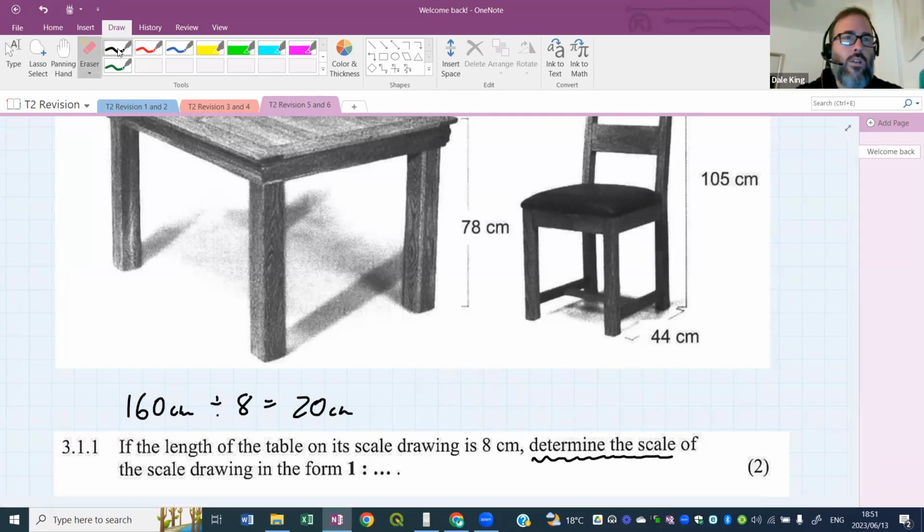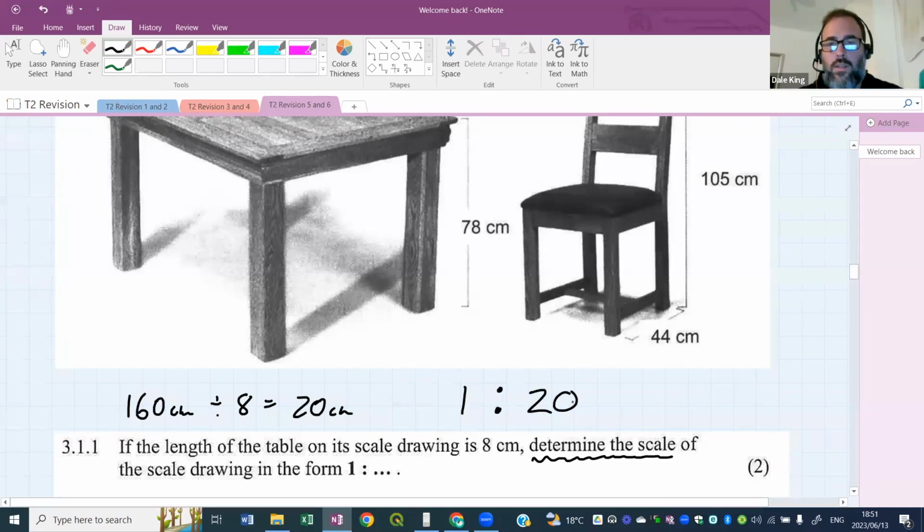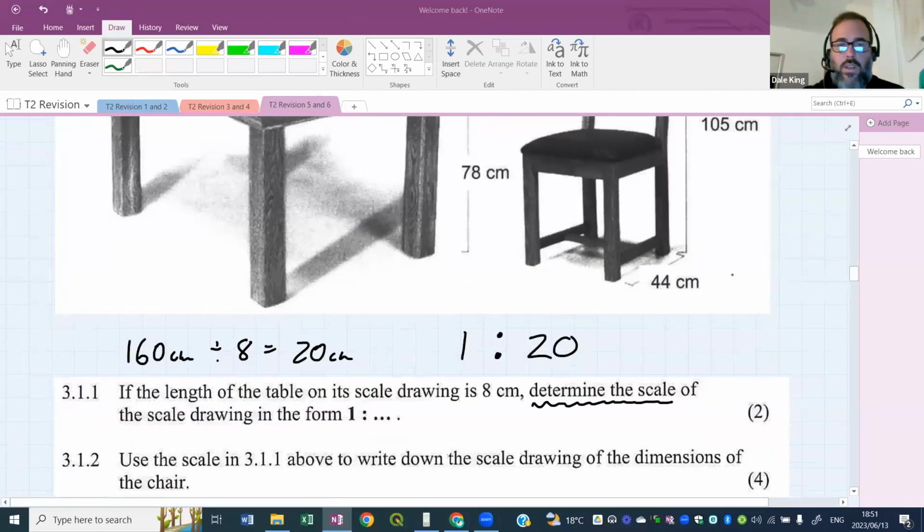So once you've done that calculation, you've got to write it out in the form of 1 is to 20. Okay. Very good. Yes. What you do to the one side, you got to do to the other side. So they want it in the form 1 is to. So we've written it there. 1 is to 20. So that's the scale that we can use for this scale drawing. We've got our own scale. We worked it out by ourselves.